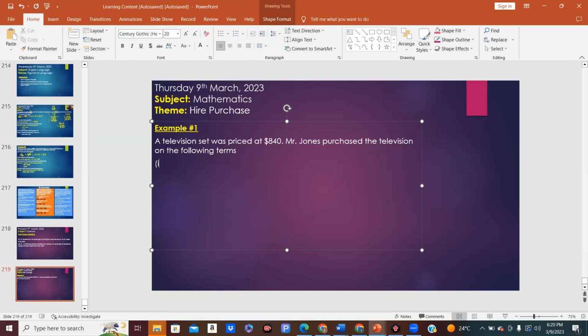The first term is 20% down payment. The second term is 10% interest charge on the balance.